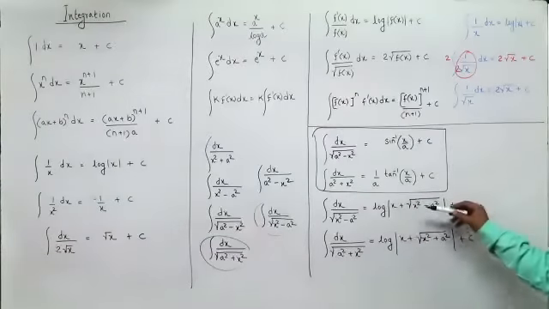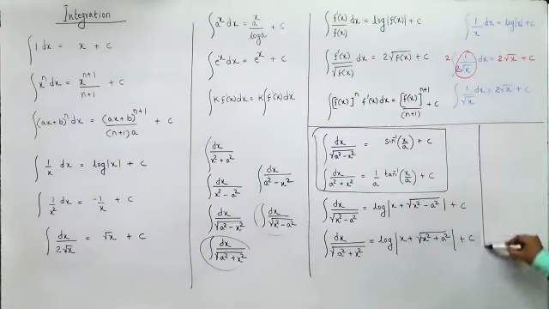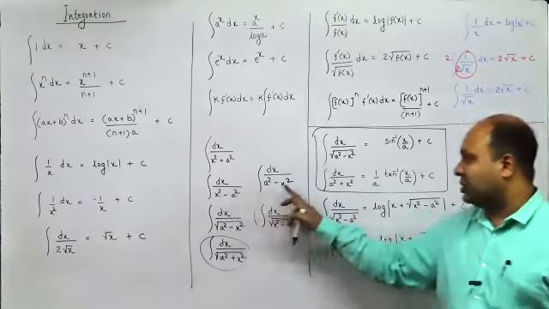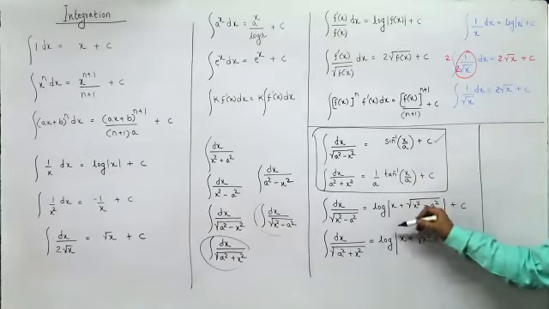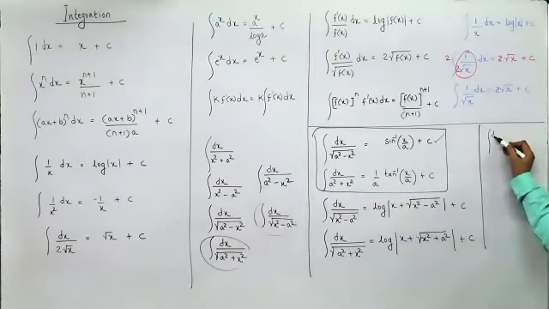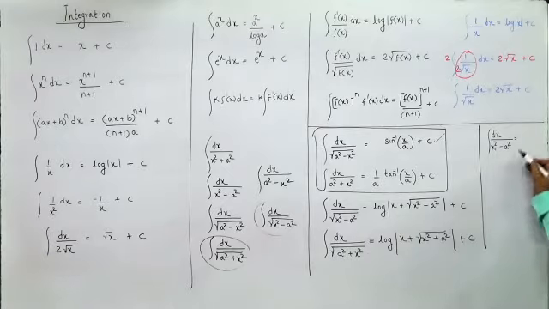Now, having said that there are two formulae for roots. If it is not root, then also it is based on log itself. So apart from this, all the other formulae are based on log. So integration of dx upon x square minus a square would also be in terms of log.